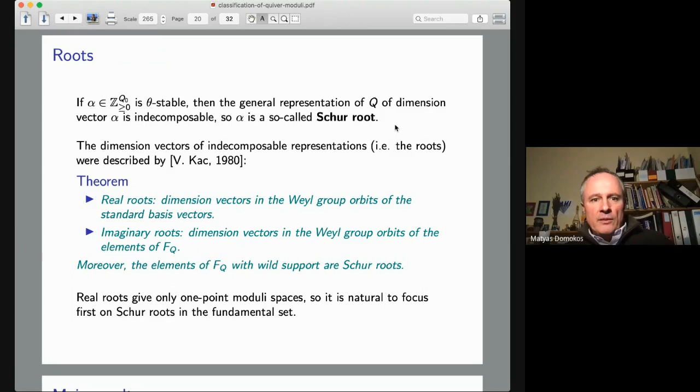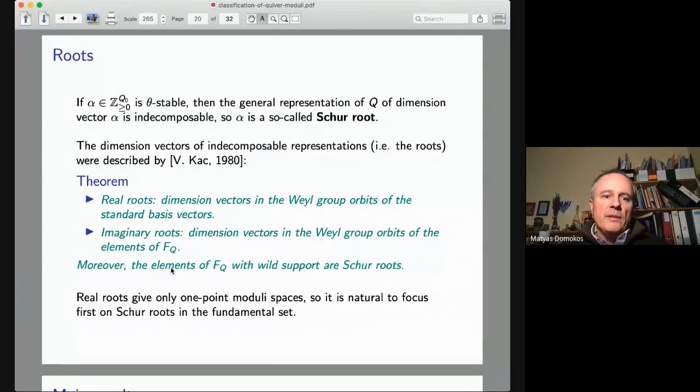The dimension vectors of the indecomposable representations, called the roots, were described by a famous theorem of Kac. They fall in two classes. The so-called real roots are the dimension vectors contained in the Weyl group orbits of the standard basis vectors. And there are the so-called imaginary roots, the dimension vectors contained in the Weyl group orbits of the elements of the fundamental set.